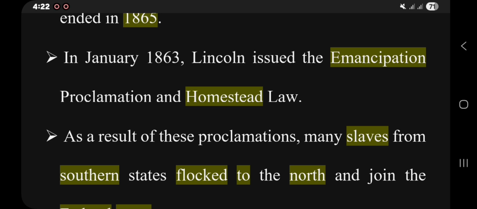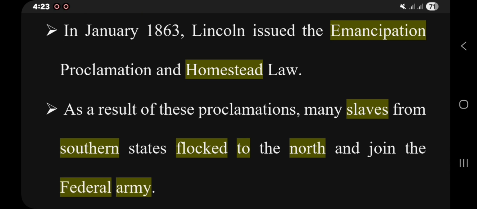The second proclamation was related to land. The Homestead Law gives land to landless Americans, including the newly freed slaves. So these two proclamations helped Abraham Lincoln to defeat the Southerners.